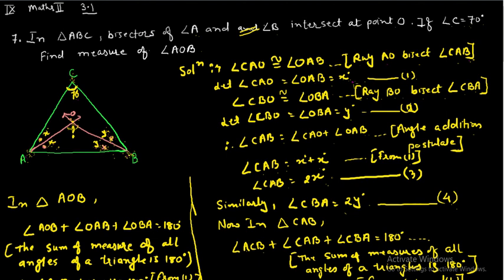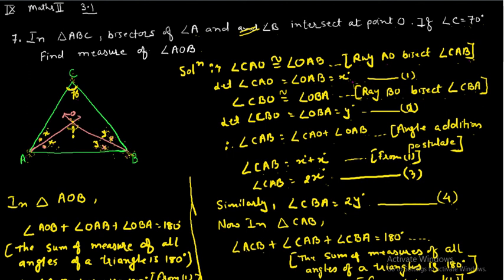Likewise for angle CBA, we will write angle CBO plus angle OBA, and both we consider as y. For the sum of this triangle, the sum of measure of all the angles of this triangle is 180 degree, that means 70 degree plus 2x plus 2y, we will get 180, and by that we will get the value of x and y.